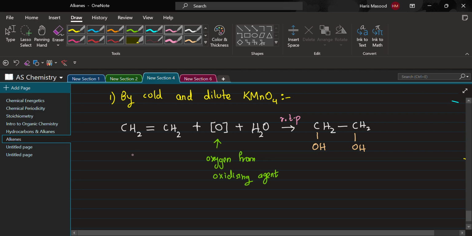And what we have actually made from ethene, how do we pronounce it? We call it ethane diol, or you can say ethane 1,2 diol.